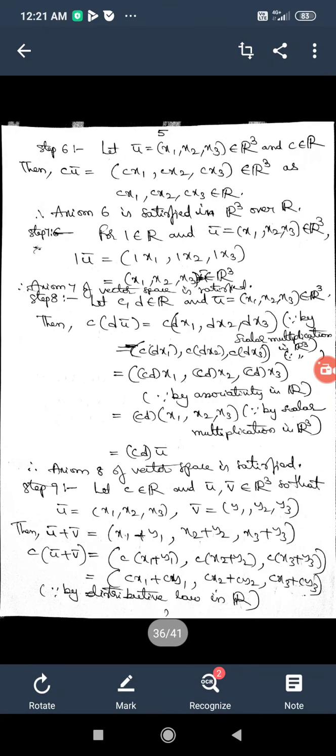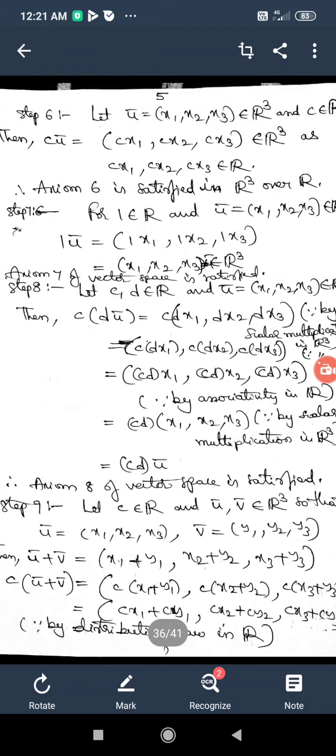Now step 8. Here I am taking two scalars c, d and one vector u bar. Now consider c of d u bar, and that is equal to c times dx1, dx2, dx3, and this I could do by the scalar multiplication in R3, using step 6.